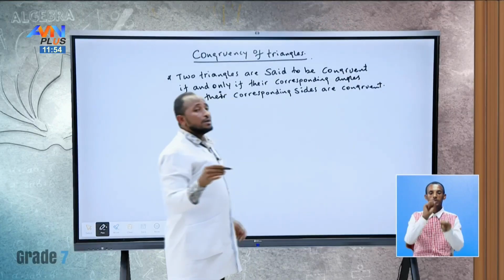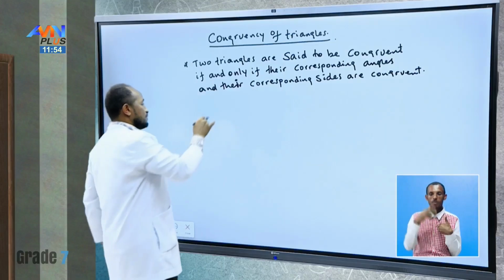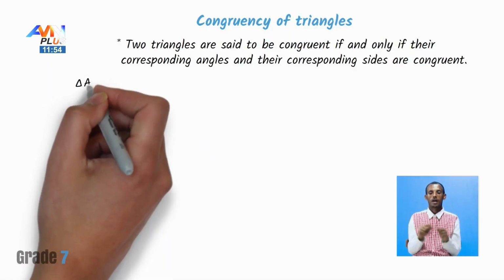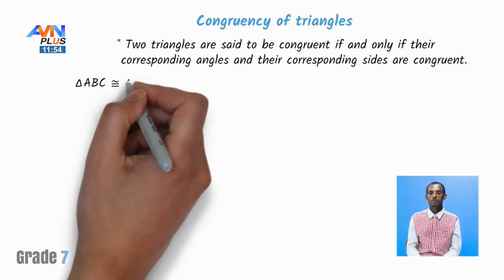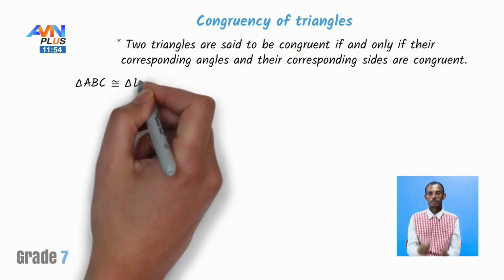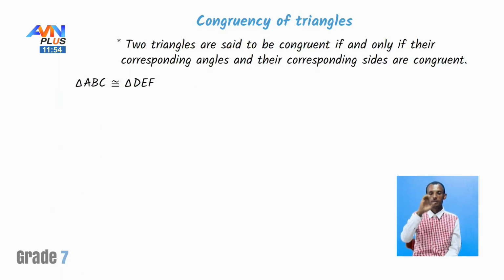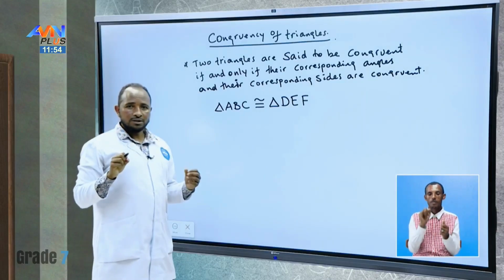So this means if you have two triangles, if triangle ABC is congruent to triangle DEF, then their corresponding sides are congruent.